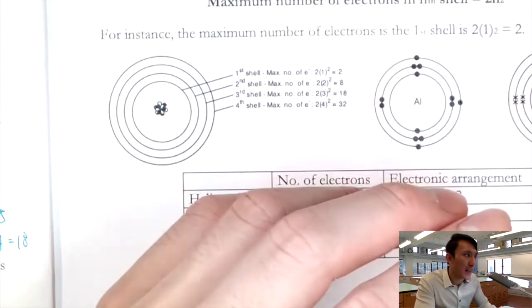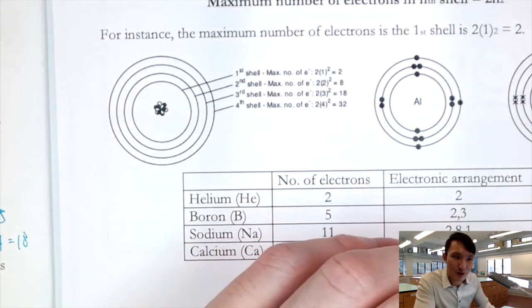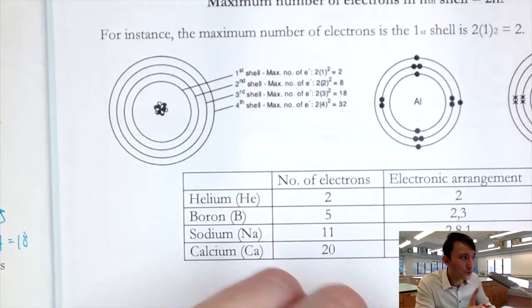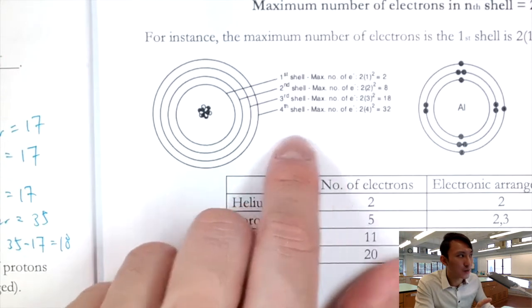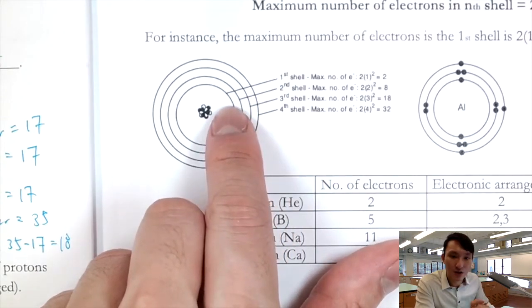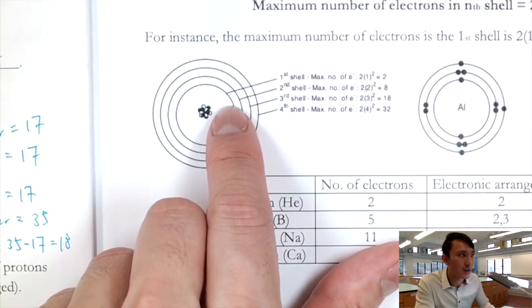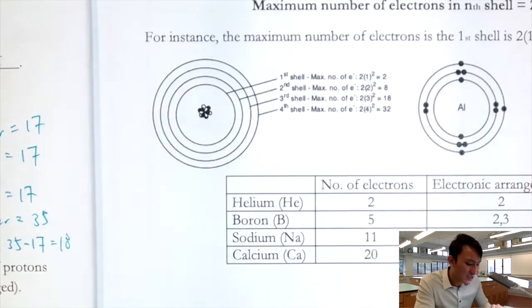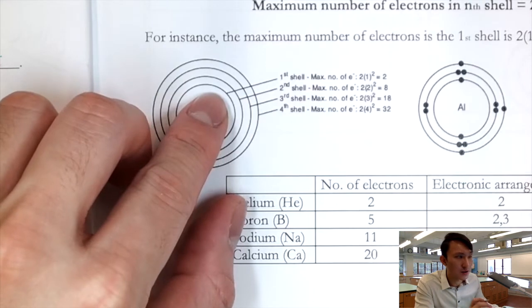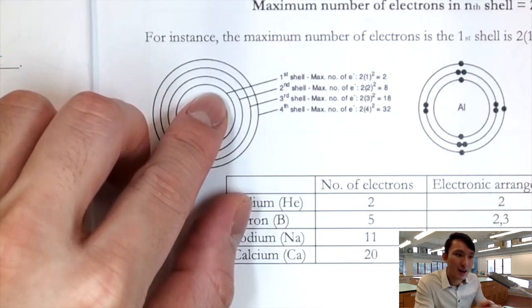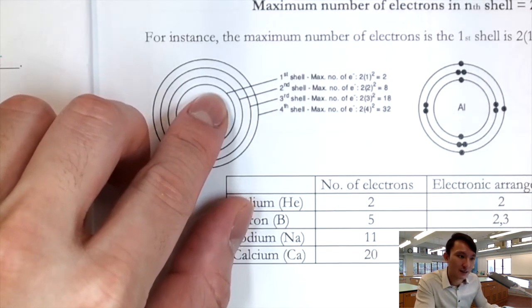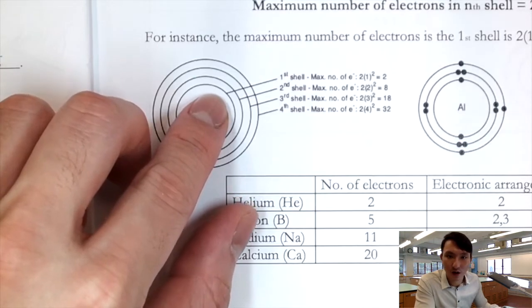Actually, there is a set of rules we have to follow. The first rule is the electron must be put in the innermost shell first. So the electron is put onto the first shell first, and then the second shell, and then the third shell, and then the fourth shell, and so on.